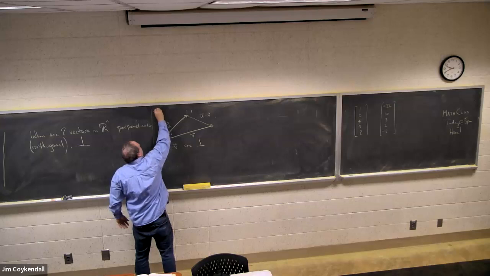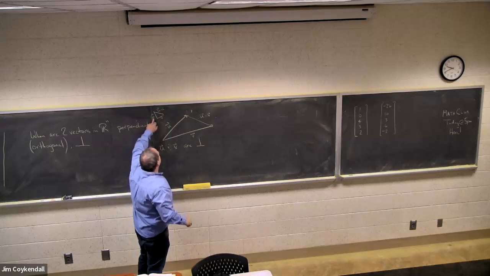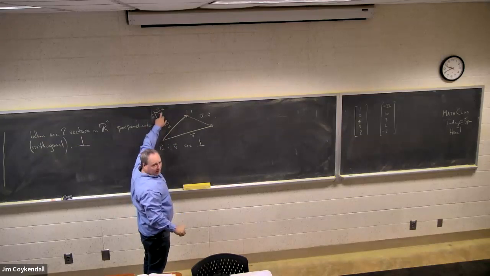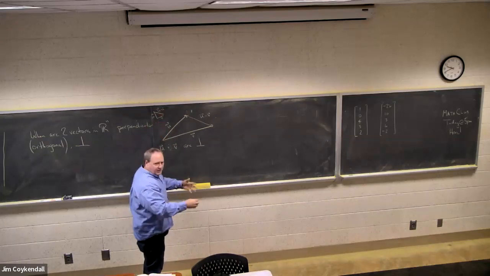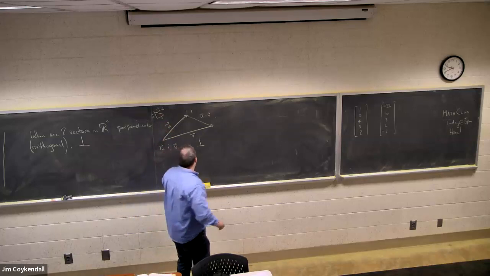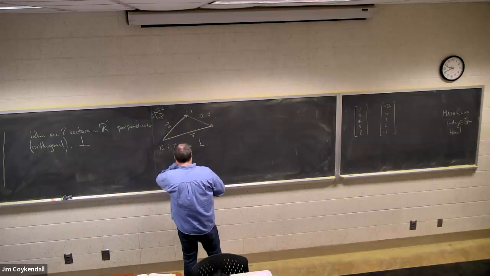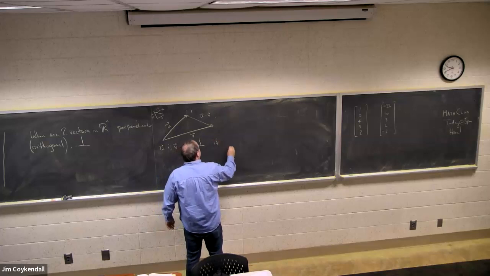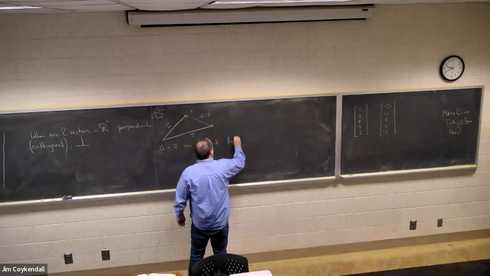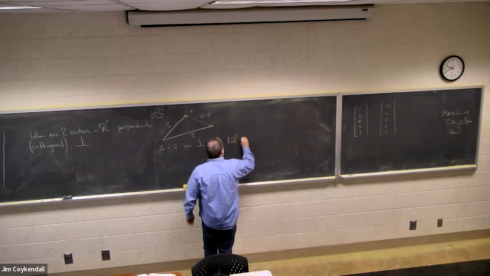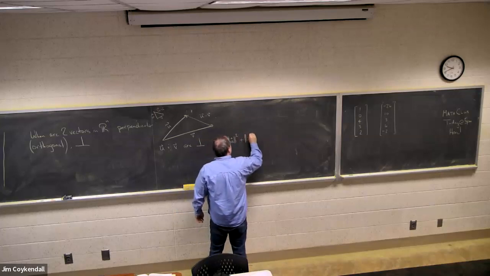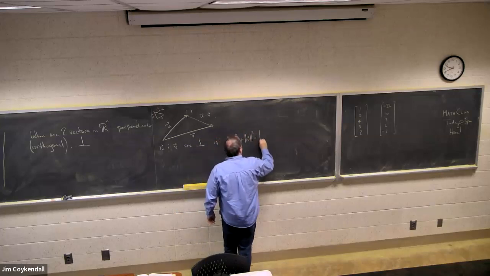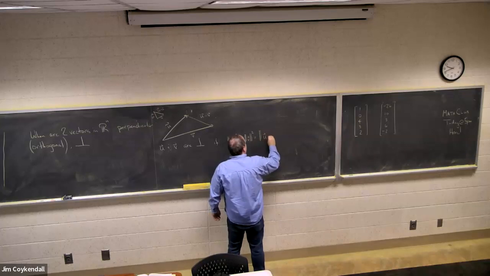Don't you have a formula about the square of this and the square of this should be the square of that? So let's take that for what it's worth here. Yeah, the length of u squared plus the length of v squared is equal to the length of u minus v squared.